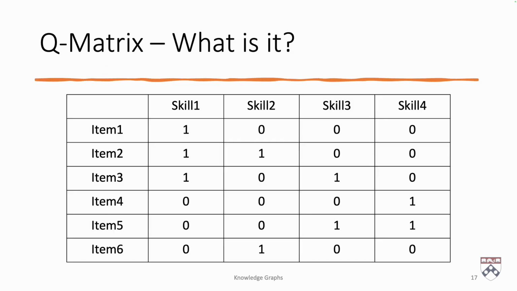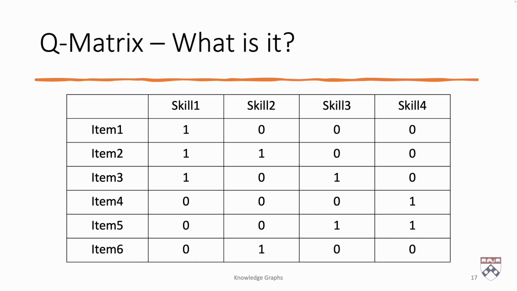In the next slide, I show you a typical example of the structure of a Q matrix. So you can tell from this structure that there's 4 skills here, and there are about 6 items. If we were to take item 4, basically what we're saying is for a student to succeed in item 4, they need to know no other skill other than skill 4.